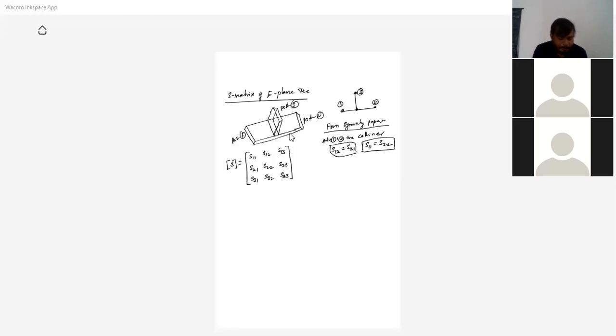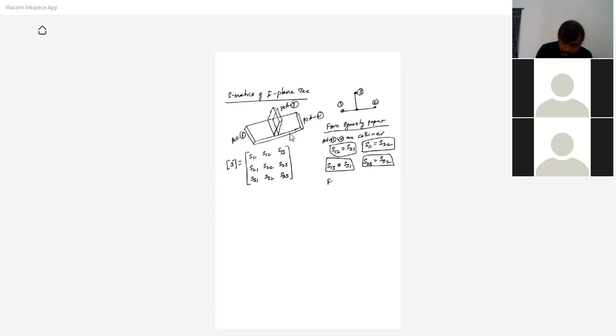Then another symmetry you can write: S13 is equal to S31 and S23 is equal to S32. This is also symmetry.